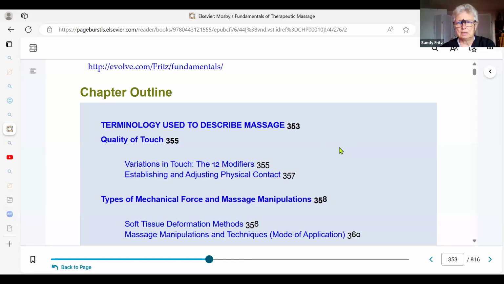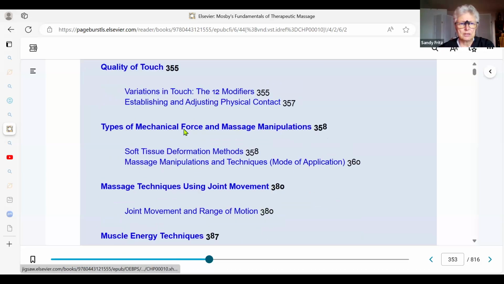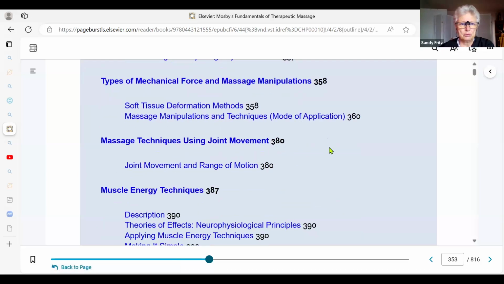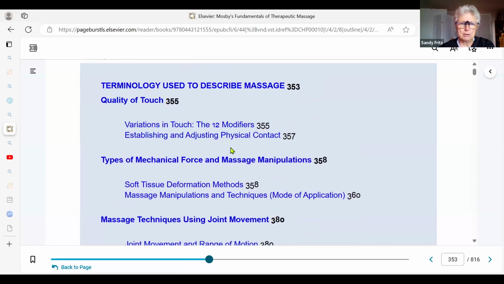And as I have mentioned earlier, I follow along with the recommendations of the entry-level analysis project, which is reflected in the licensing exam. So the first part of this is going to talk about some of the mechanisms of what happens to the body and how it's processed when we apply a mechanical force.